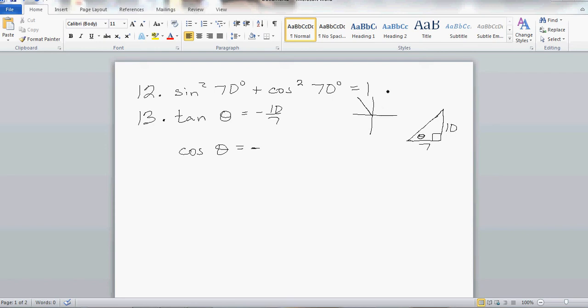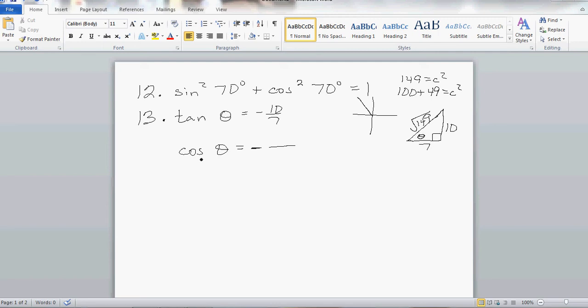Okay, 10 squared is 100. 7 squared is 49, equals c squared. So 149 will equal c squared, or c will equal the square root of 149, which I believe does not simplify any. And so now we can ask ourselves, cosine of theta is equal to what?